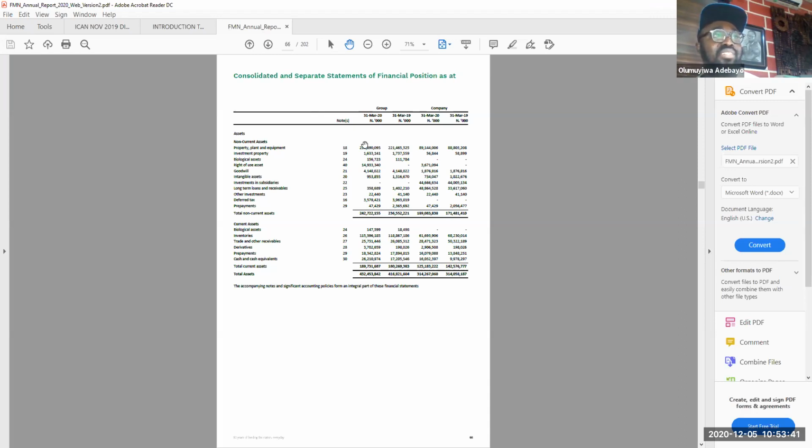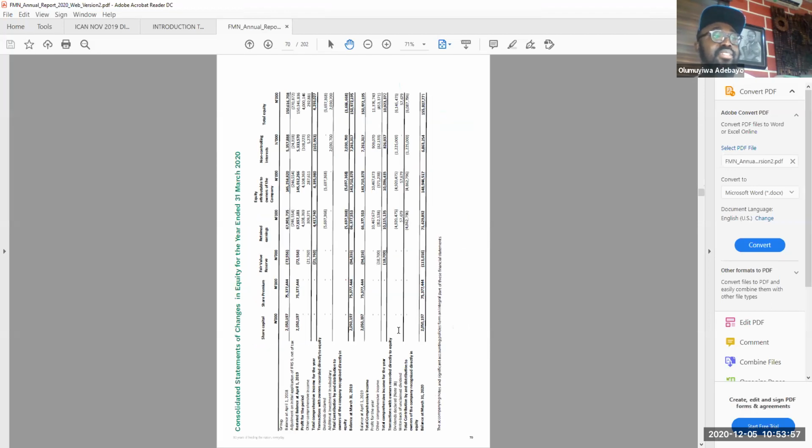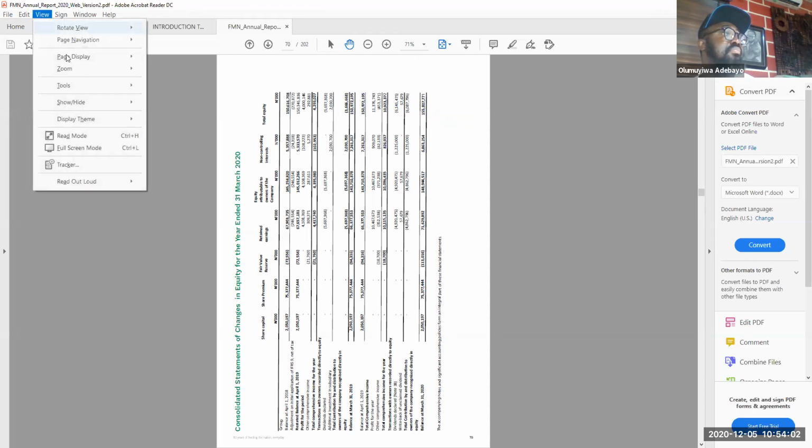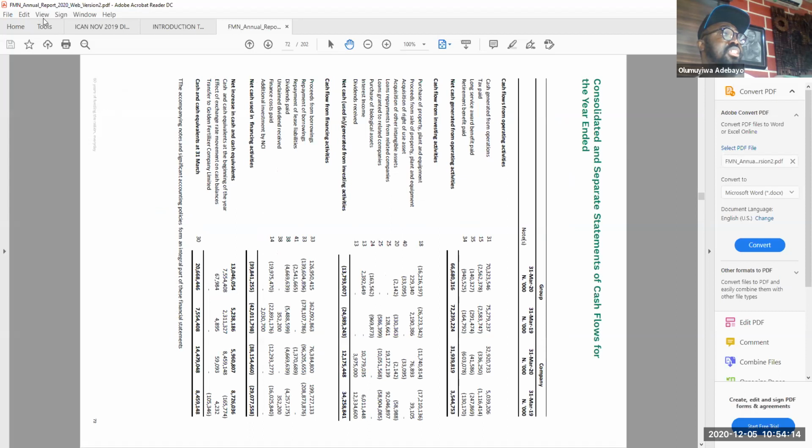But what we are interested in now is the financial statements. You can see the financial position. And you can see the statement of profit or loss and other comprehensive income, both consolidated and separate. You can see the statement of changes in equity. Let me rotate it so that you guys don't bend your heads. And you can see cash flow. Let me return it back.